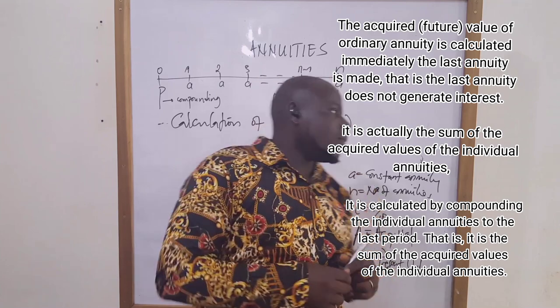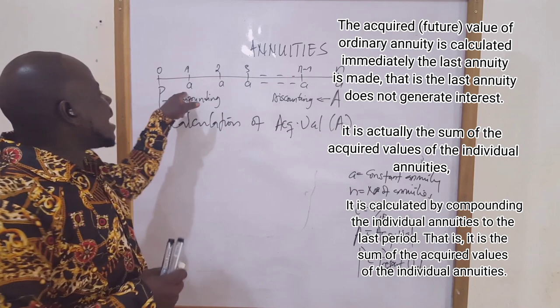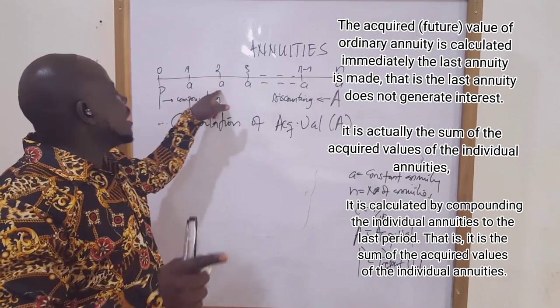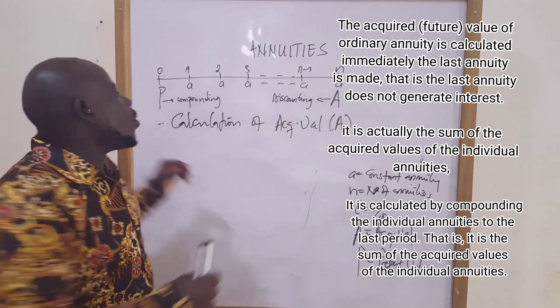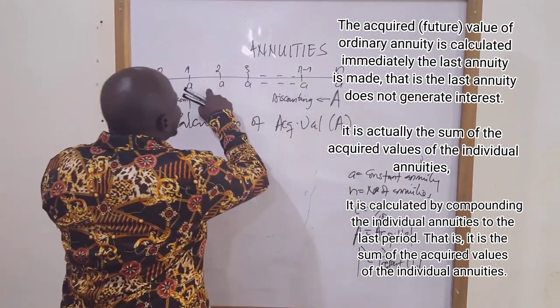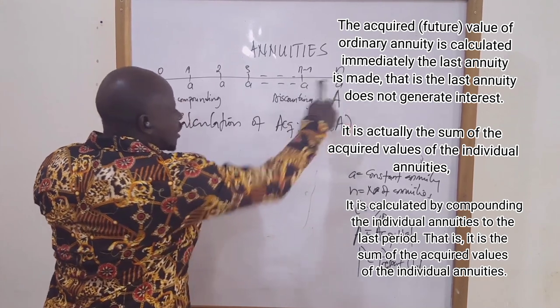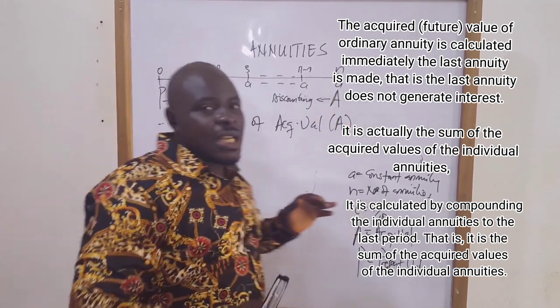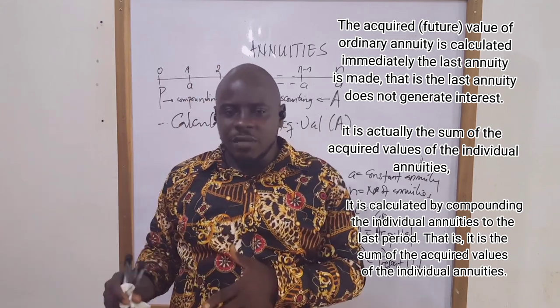And now it is actually calculated by compounding the individual annuities to the last period. So all of these annuities are compounded to the last period. Meaning that it is actually the sum of the acquired values of the individual annuities.